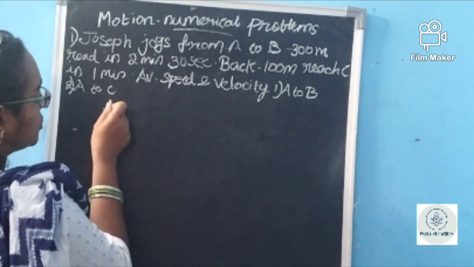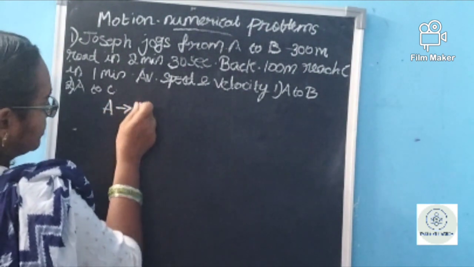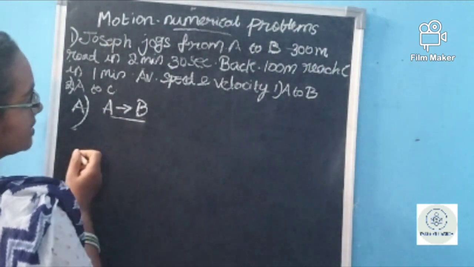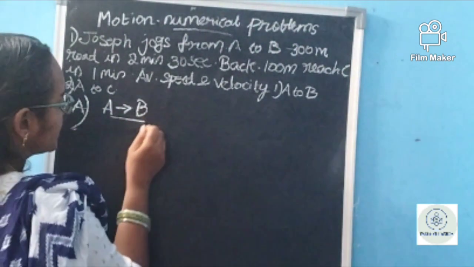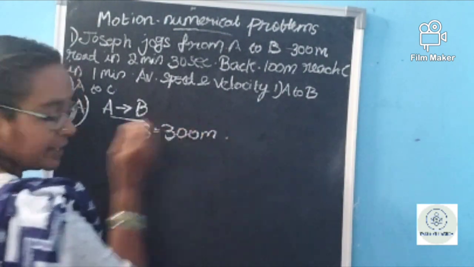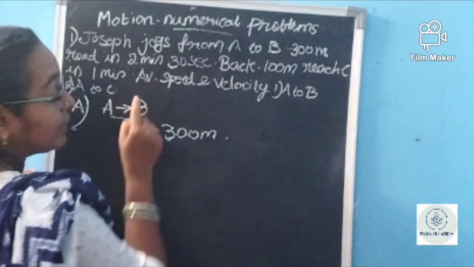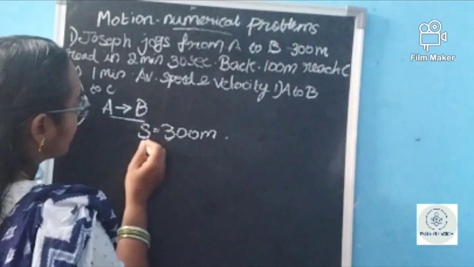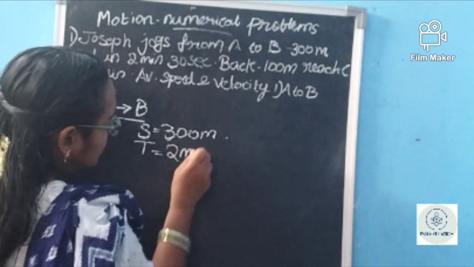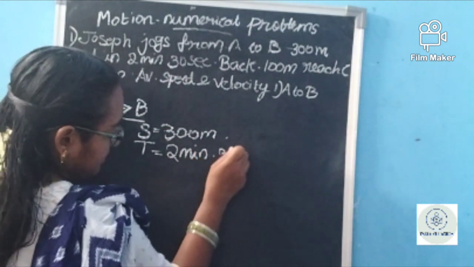See here, A to B, we are parting it into two. A to B distance, S is equal to 300 meters, right? It is a straight road and the time taken was 2 minutes 30 seconds.